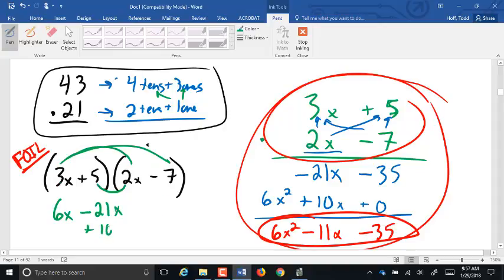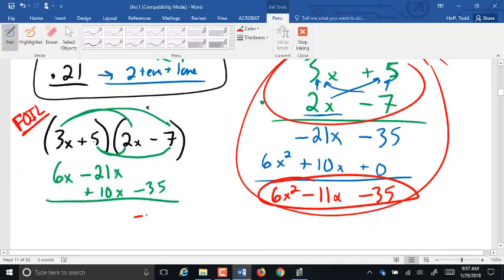I usually put the positive 10x below the 21x so they stay lined up. And then L stands for last. You multiply the last digit in each. 5 times negative 7 is a negative 35. So we do have negative 35. Negative 21 and 10 is negative 11x. And 6x squared.